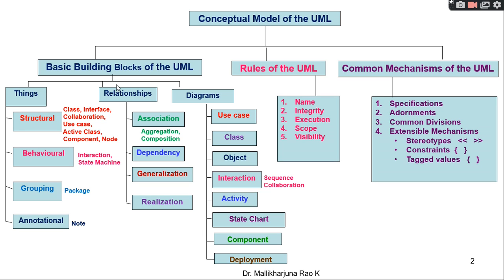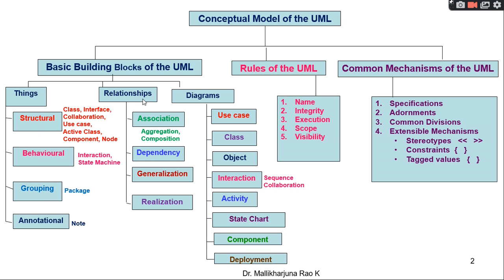The second pillar of the building blocks of the UML is relationships. Here we have different things, and to tie or connect these things, we use relationships. To make or design a meaningful diagram, we use these relationships.